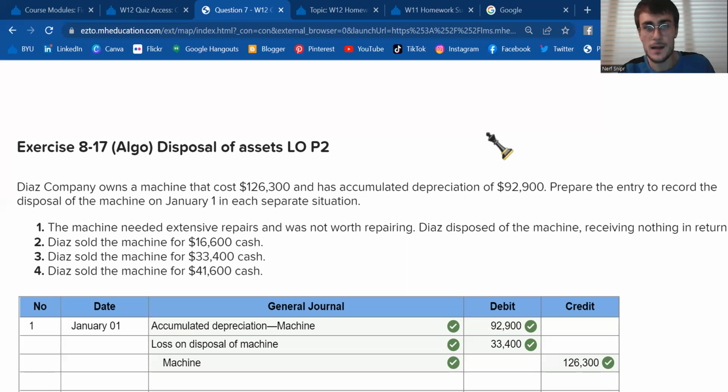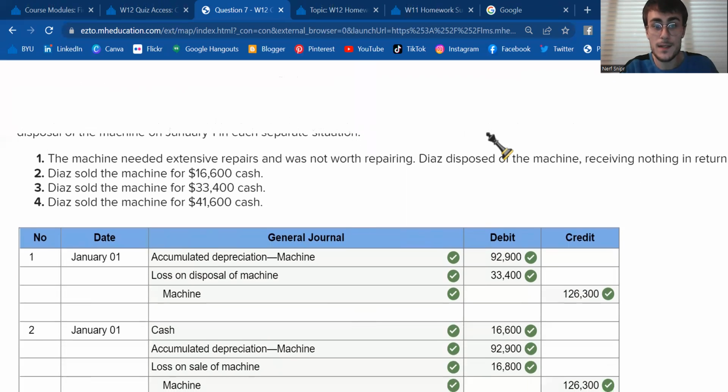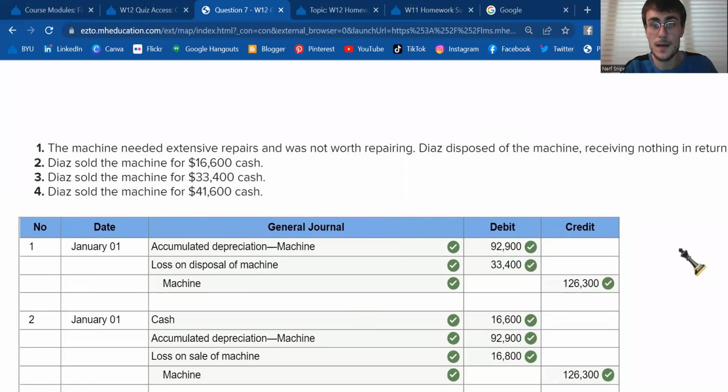So assuming that our cost is 126,300 and right now we have accumulated 92,900, then the difference there would be the 33,400, and that is going to be the loss on our disposal for the machine.